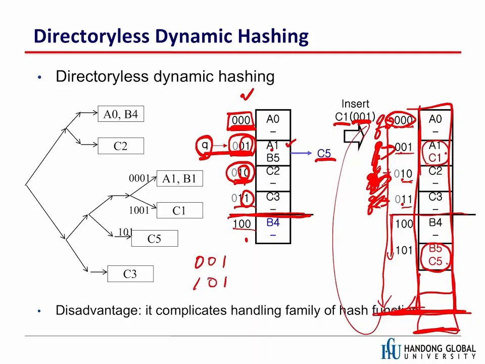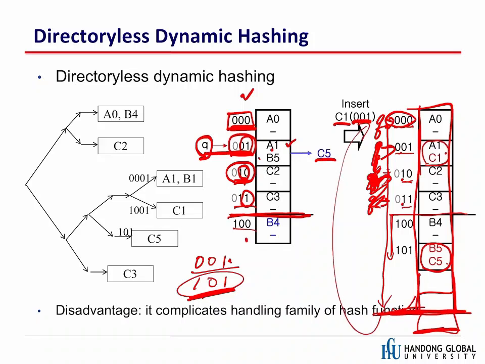In the directory-based dynamic hashing, we can have this one as a directory. So this one is one directory, this one is another directory, and they can point to the same bucket. Okay, that's how it works.